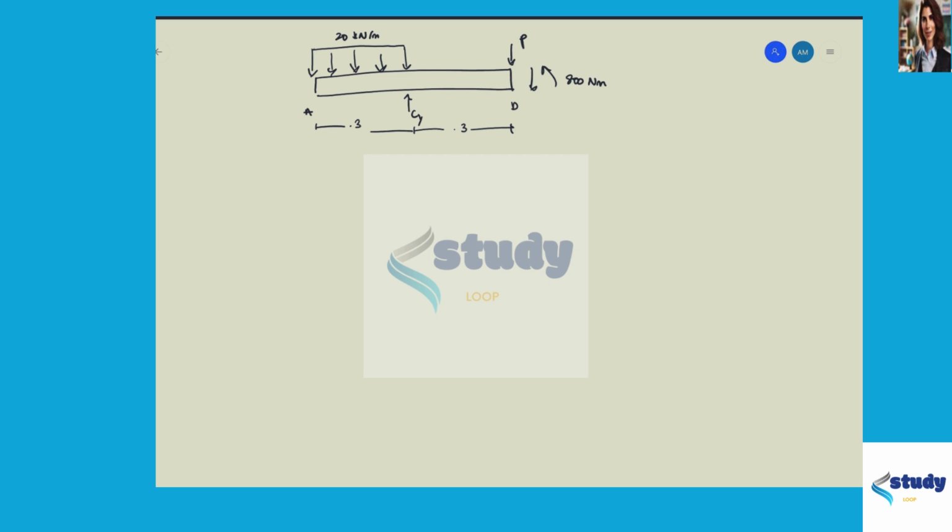So I'm going to take the moment about D to solve for our C in the y direction. So we get negative Cy times 0.3 plus 0.8 plus 6 times 0.45. 6 is coming from doing 20 times 0.3, which is going to equal 6 kilonewtons.